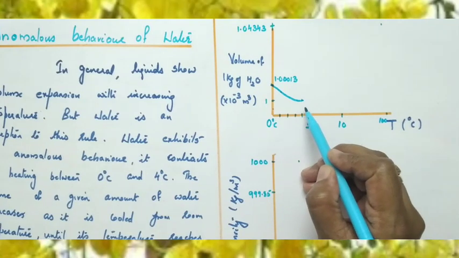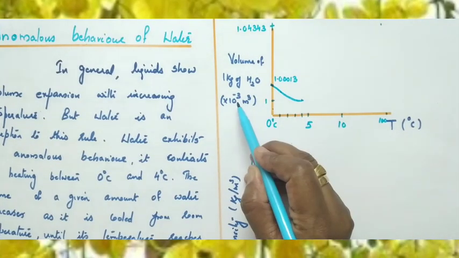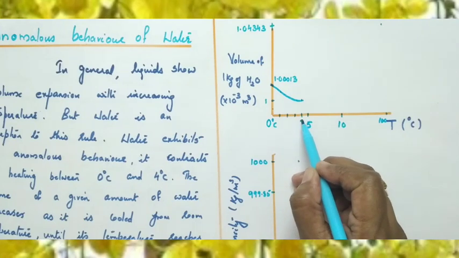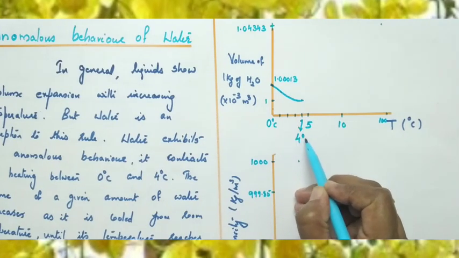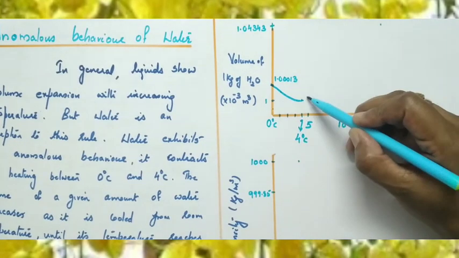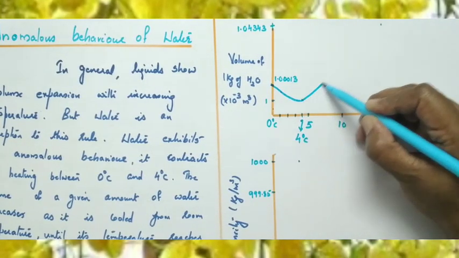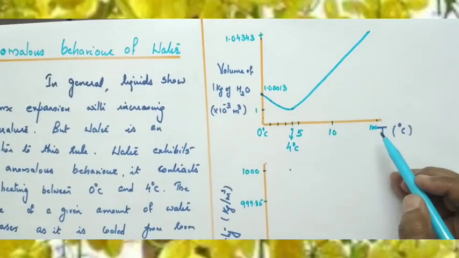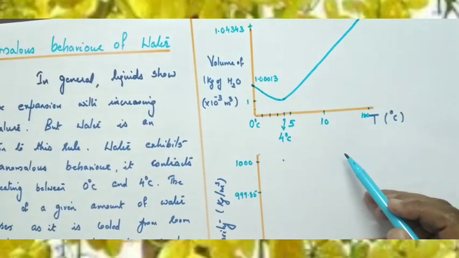So it shows a minimum volume of 1 into 10 raised to minus 3 meter cube at what temperature? At 4 degrees Celsius. So at 4 degrees Celsius volume is minimum, and after that as temperature increases, volume increases. As temperature increases up to 100 degrees Celsius, volume also increases.